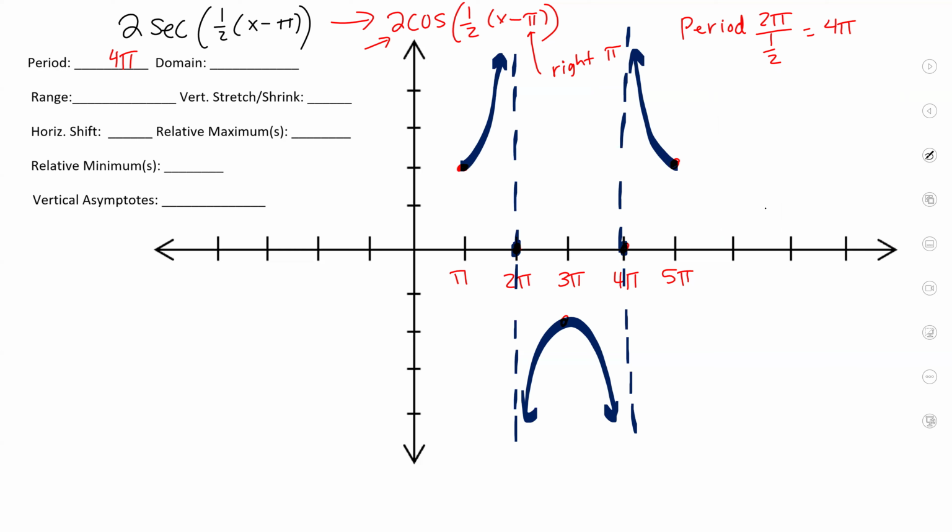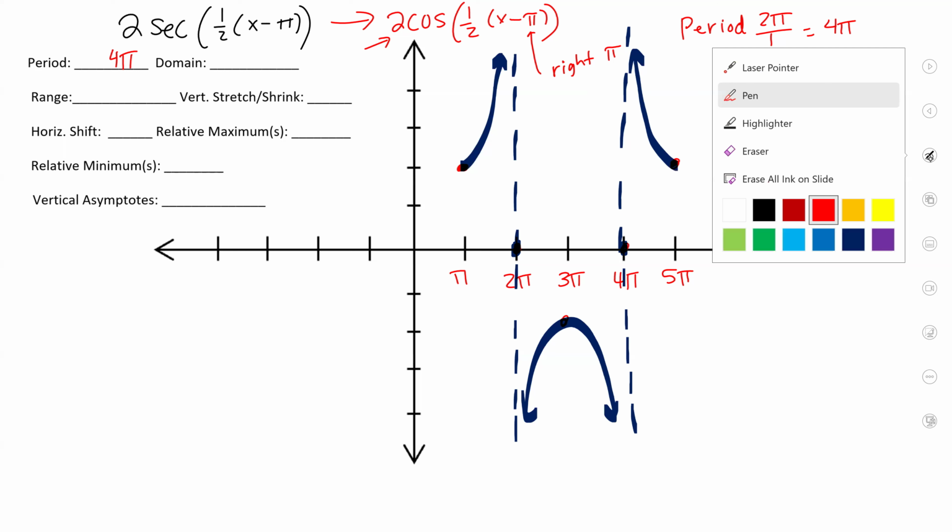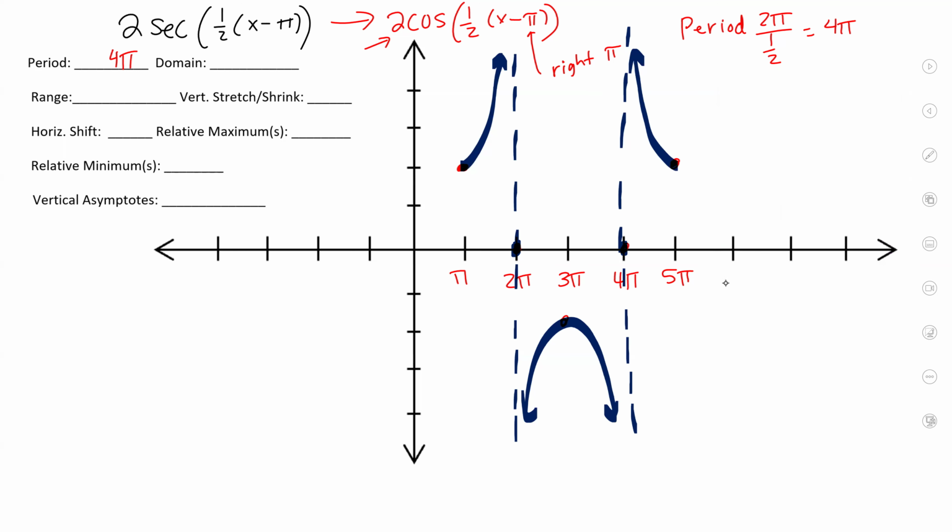All right, so let's answer the question for domain. Guys, if I continue this function, let's just continue the pattern. So let's say that this was at 6 pi, and say this was at 0, and this is negative 2 pi. Here are your asymptotes, right? So I actually have an asymptote at 0.